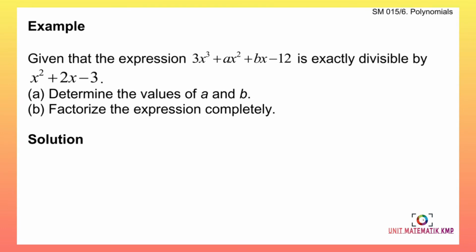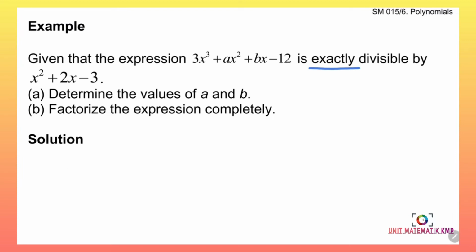Third example. Given that the expression 3x power 3 plus ax square plus bx minus 12 is exactly divisible by x square plus 2x minus 3. Exactly divisible means the remainder is 0. A, determine the values of a and b. B, factorize the expression completely.